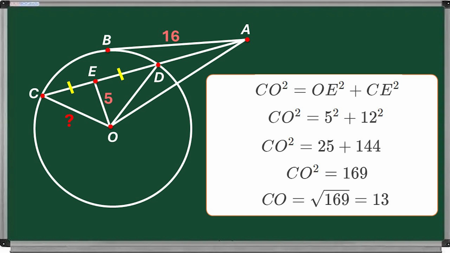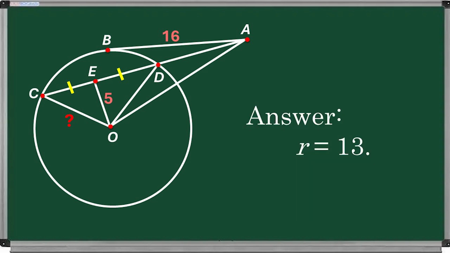Substituting our values, we get CO squared equals 25 plus 144. Adding these together, we find that CO squared equals 169. To find CO, we take the square root of 169. The square root of 169 is 13. The radius of the circle is 13.